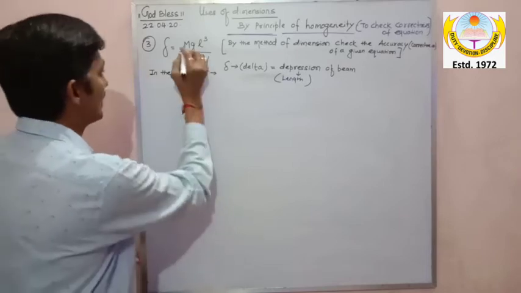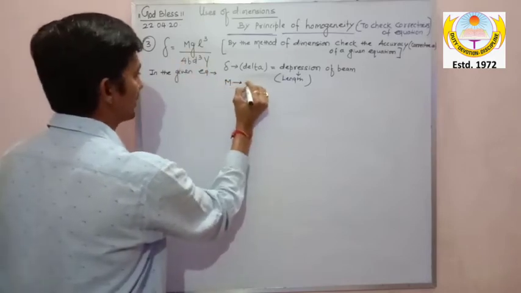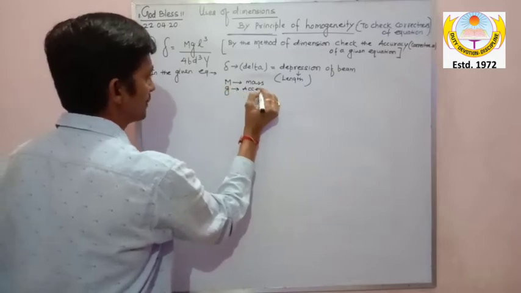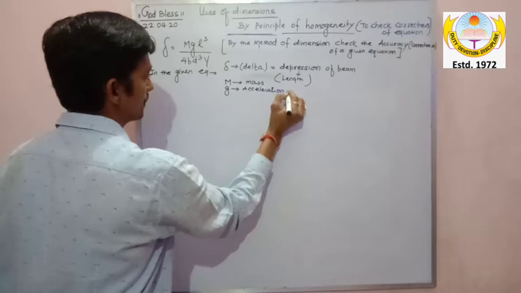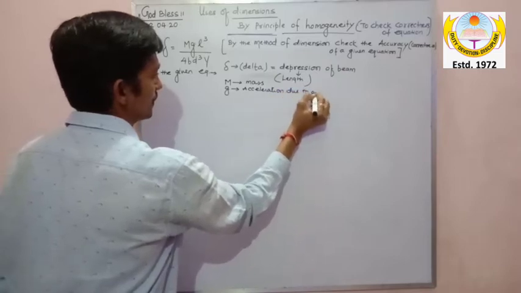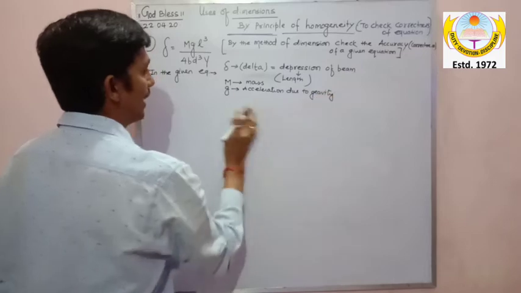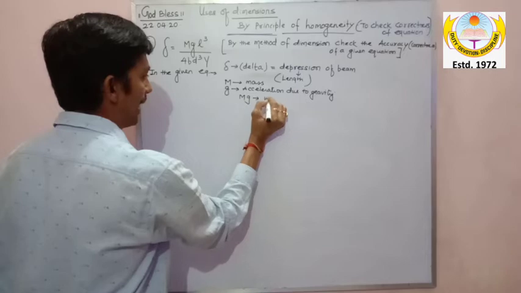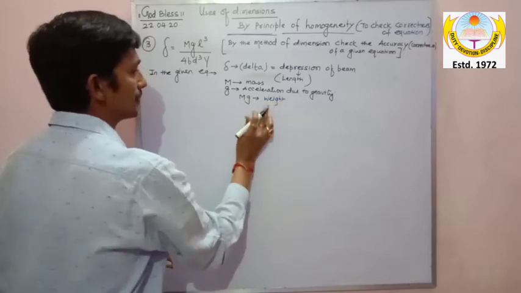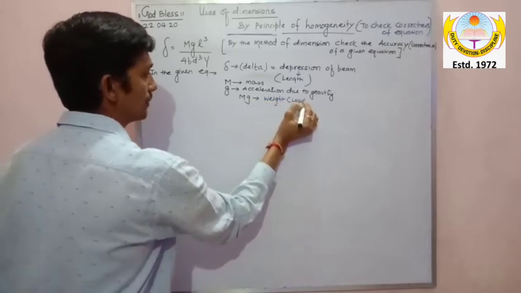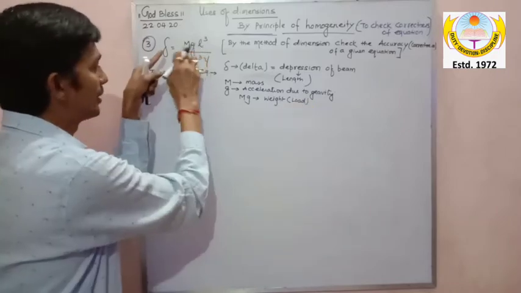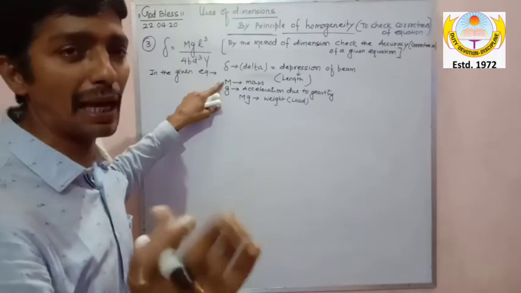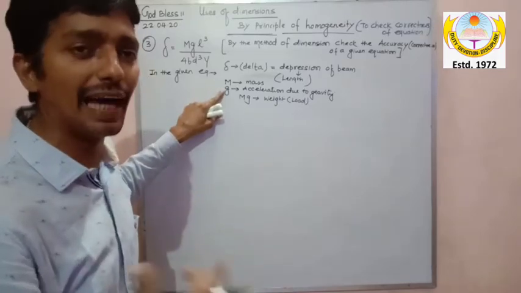Now next is m. You know m is mass. g is acceleration due to gravity. Here I will give a small concept: mg together is called weight, or load. You small kids can find out their dimensions separately, the dimension of m separately and the dimension of g separately.